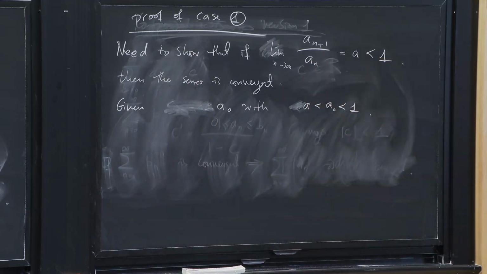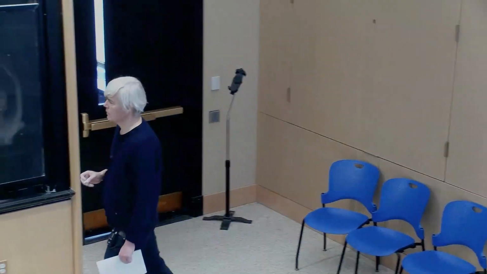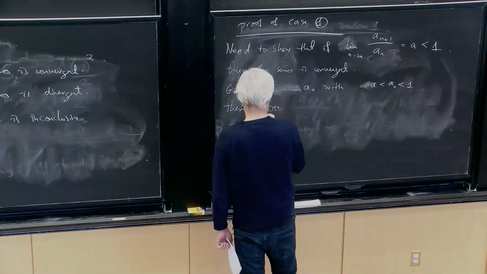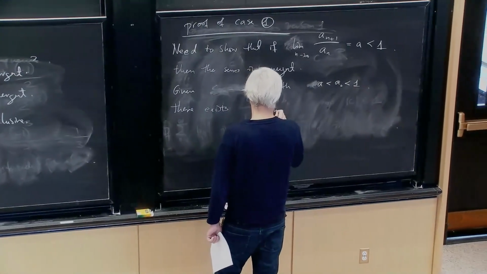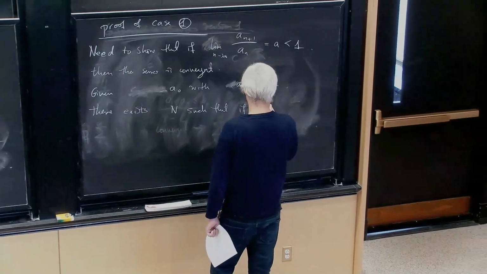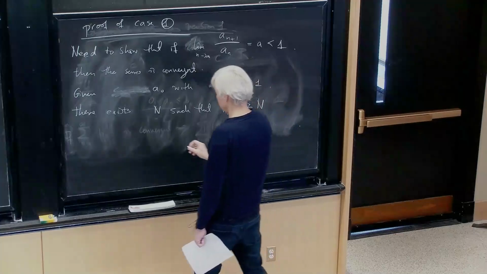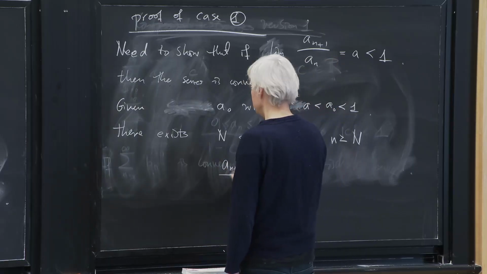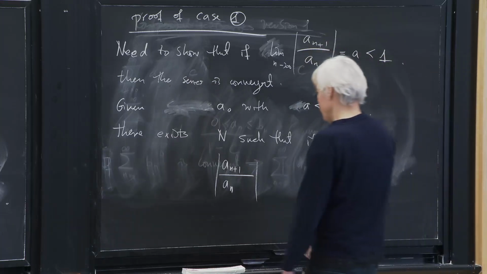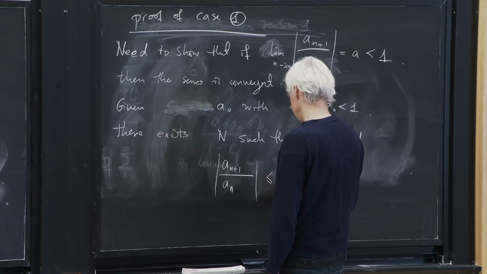So if you pick A0 that is strictly bigger than A and still less than 1, then we know that there exists a capital N such that if little n is bigger than this capital N, then an plus 1 over an, and really I should have absolute value here on this, is less than A0.